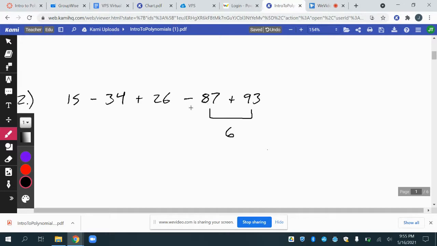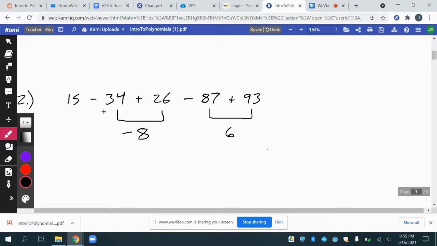When I put negative 87 together with 93, I get 6. If I look at 26 and 34, that's going to be negative 8, because from 26 up to 34, that's 8 more.